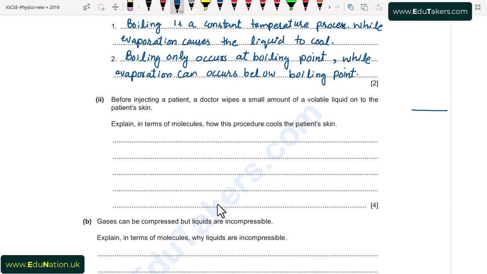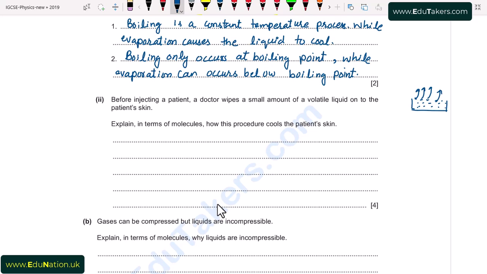If I consider that it's a surface on which there are a large number of molecules, the high energy molecules lie at the surface. The high energy molecules escape from this surface, leaving behind the low energy molecules.